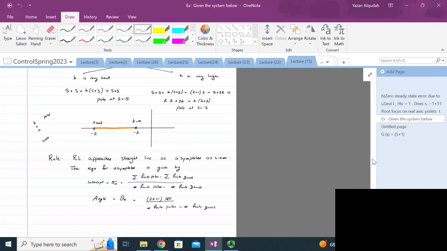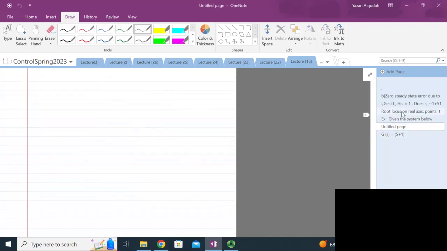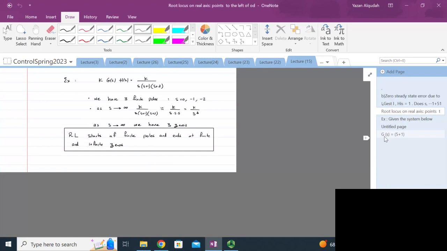But now we have 3 poles that we do not know where they're going to end up. And these 3 poles are going to end up at infinity through an asymptote. Does that make sense?